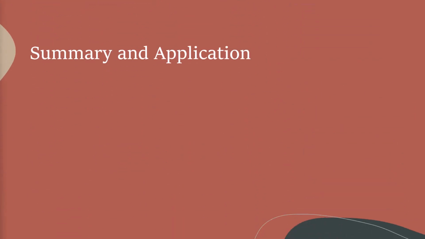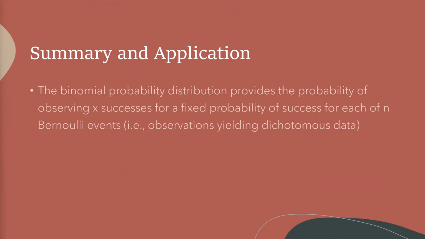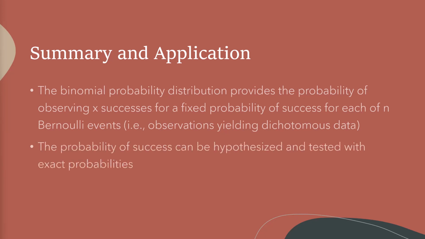In summary, the binomial probability distribution provides the probability of observing x successes for a fixed probability of success for each of n Bernoulli events, that is, observations that yield dichotomous data that we generally call success or failure. The probability of success can be hypothesized and tested with exact probabilities using a binomial distribution, just like we can conduct a test of the mean using the normal distribution if we assume we have a normal distribution of data.